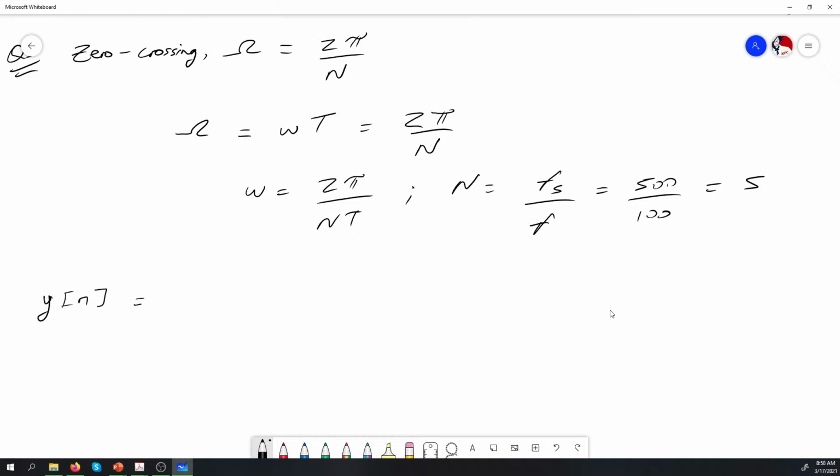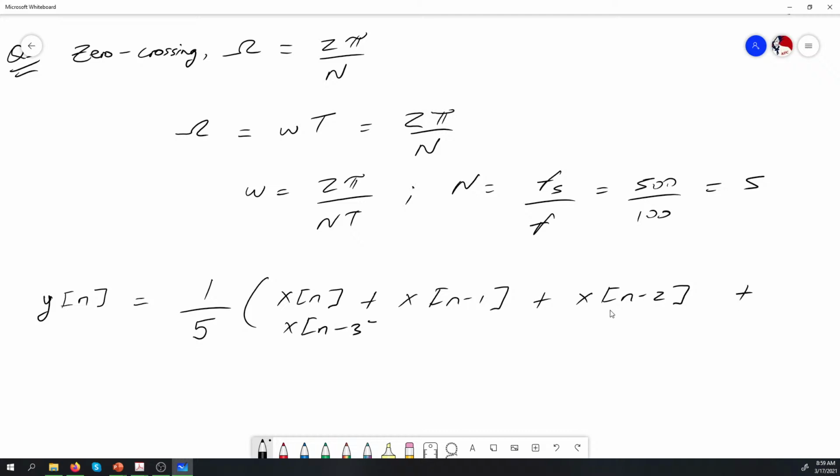So y of n is going to be 1 divided by 5 into [x of n plus x of n-1 plus x of n-2 plus x of n-3 plus x of n-4].